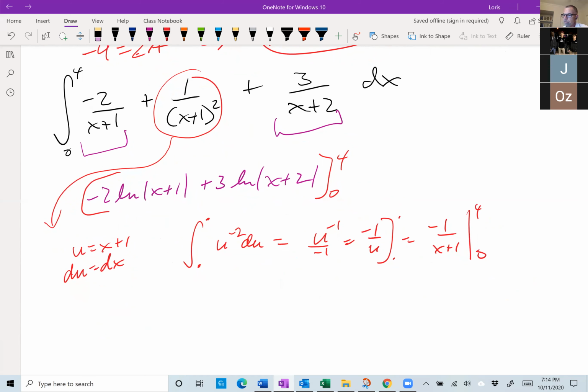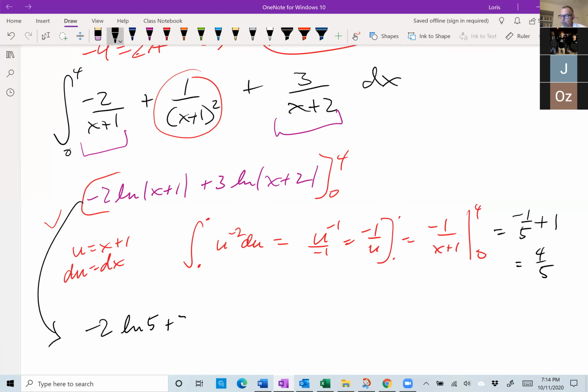So I have negative 2, we'll use this one. Well, this one over here just becomes negative 1 over 5 plus 1, so that one's 4/5. These two here, you plug in 4 and you plug in 0. I have faith you can do that. Let's just do it.